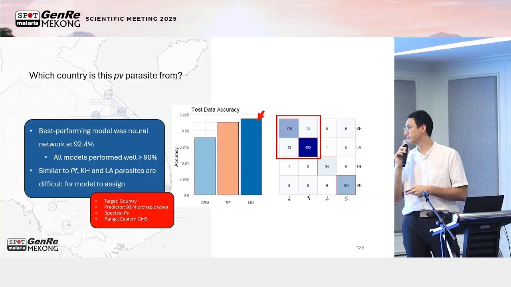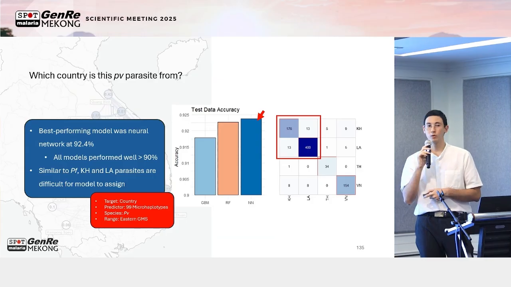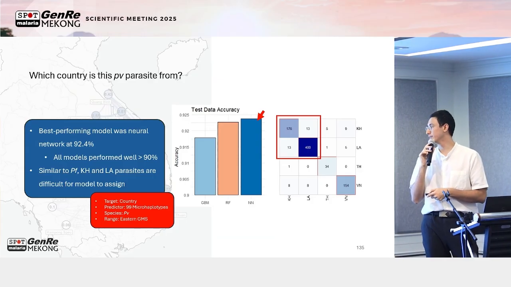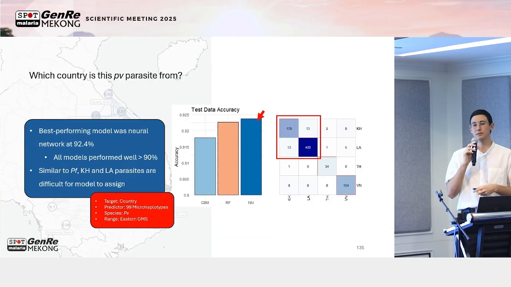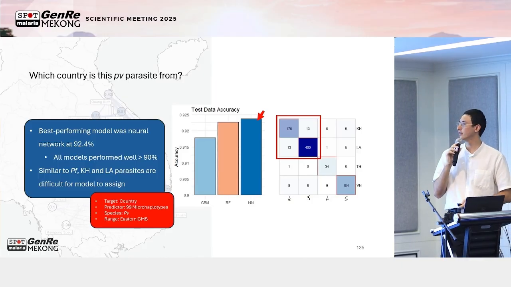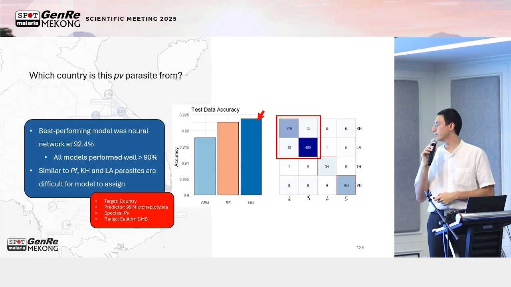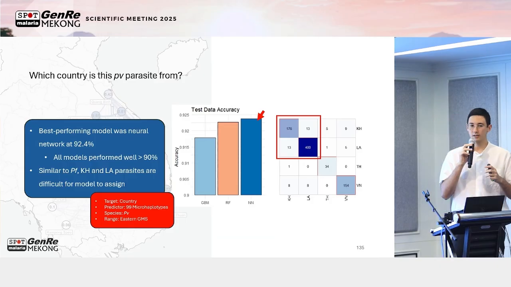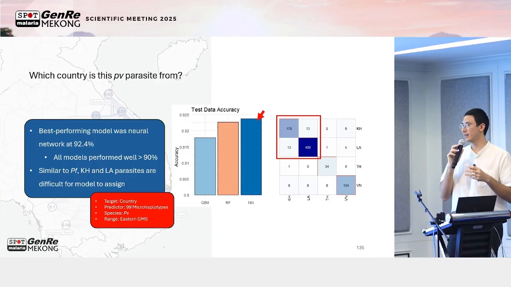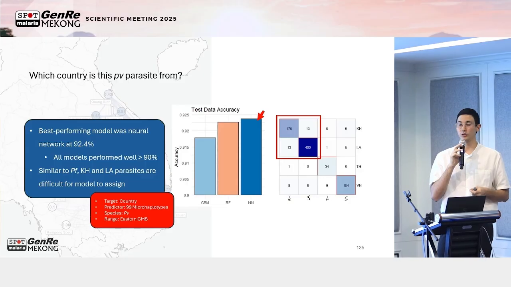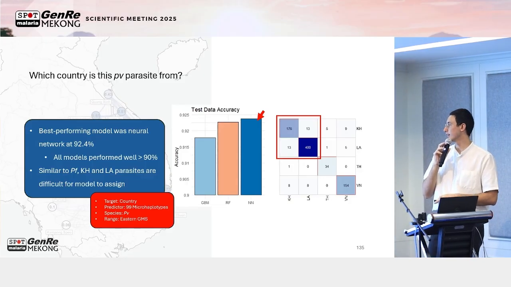And actually, all models performed quite well at above 90%. And similar to the PF, the models tended to misclassify samples with known parasite flows between each other. In this case, it was Cambodia and Laos.